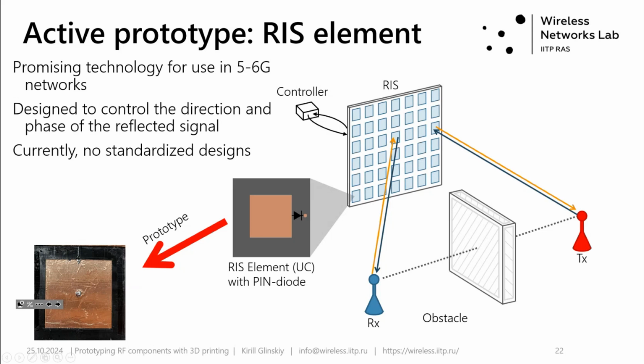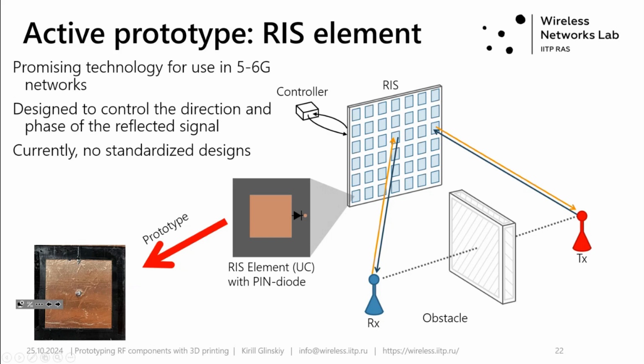A prominent technology to be used in future networks is arrays of smart surfaces which can change their reflective diagram, so they can steer the signal around obstacles or focus it at the user. They need to be both quite cheap to manufacture and easily scalable.